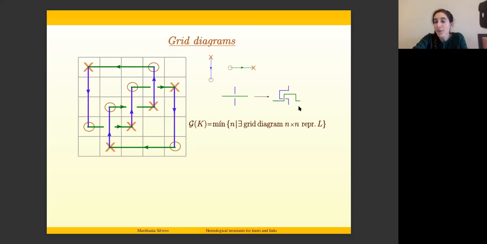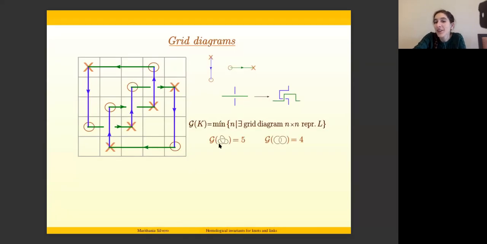So from here, you can define new link invariants. For example, the minimal size of the grid, that is, the minimal size of a grid so that you can get a grid diagram of a knot with this size, right? Maybe this is easier to understand than when I try to explain it.